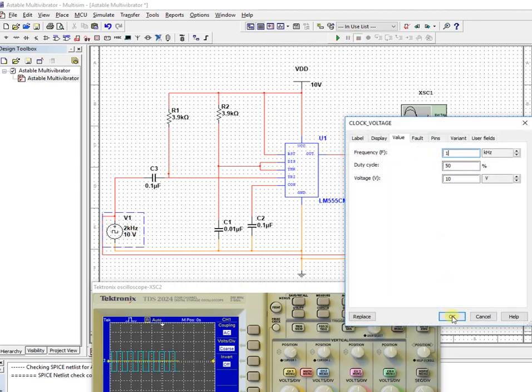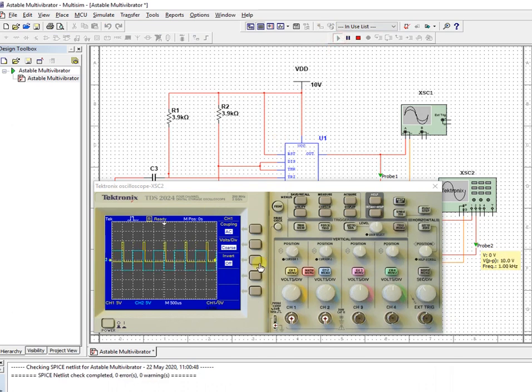So I've changed it to 3, 2, and finally I retain it to 1 kilohertz because I get the output only at 1 kilohertz frequency. And as you can see here, during the negative edge of the input I obtain the output waveform.